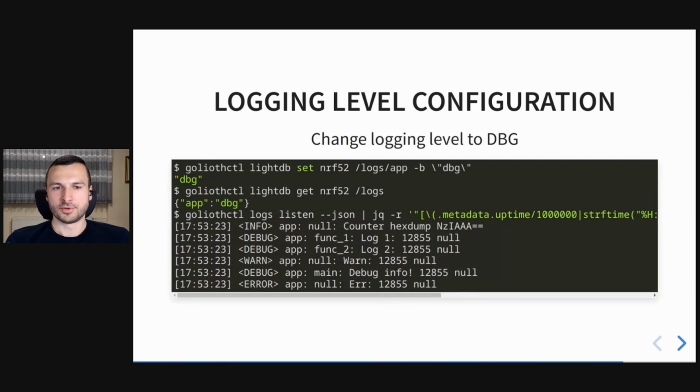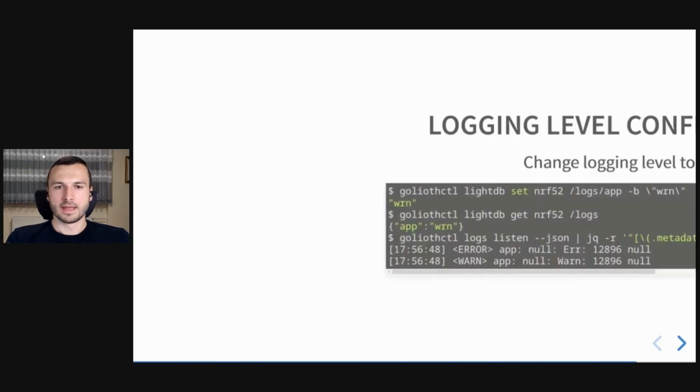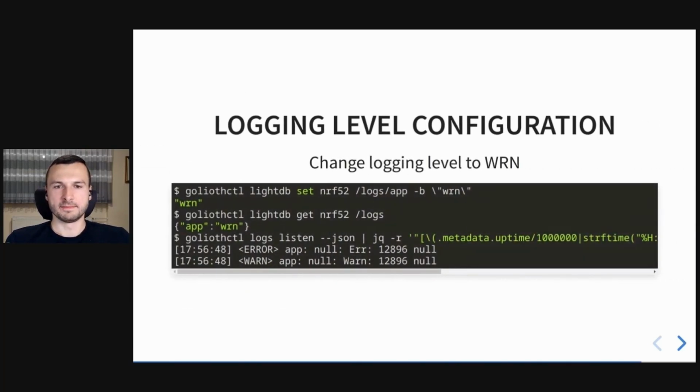And there are four log level severities: info, debug, warn, and error. Let's say that we are not interested in debug and info messages. So let's configure the app module to just produce warning messages and error messages.